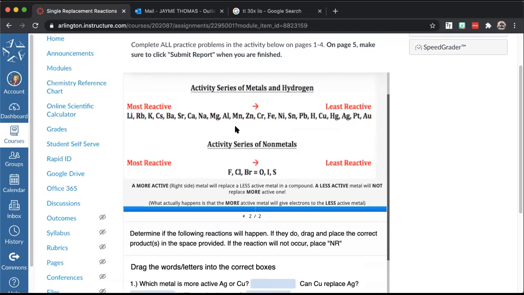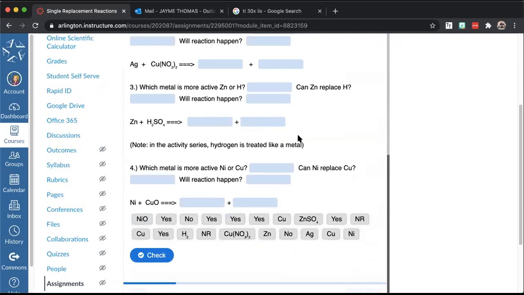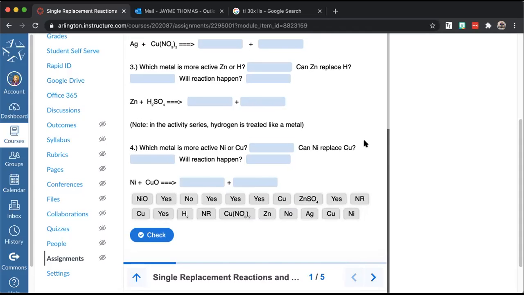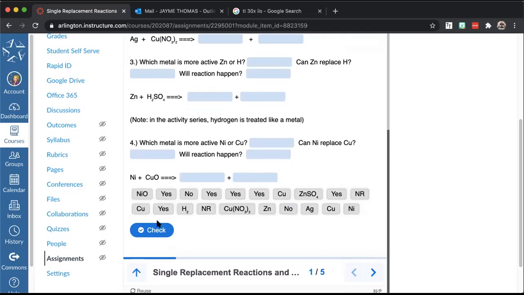So just make sure that when you're looking at an activity series, you're reading which is the most and least reactive side, so that you know how to use it. And so again, you have some drag and drop options. Some of them are yes and no answers. Some of them are the actual formulas. You will drag and drop the correct things to their correct spaces. And then you can hit check.